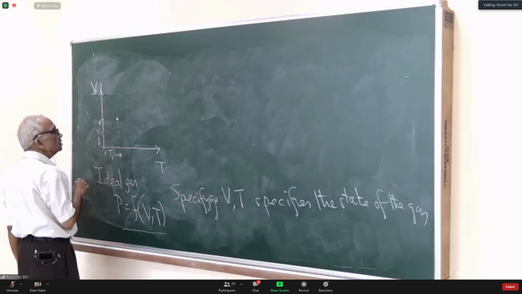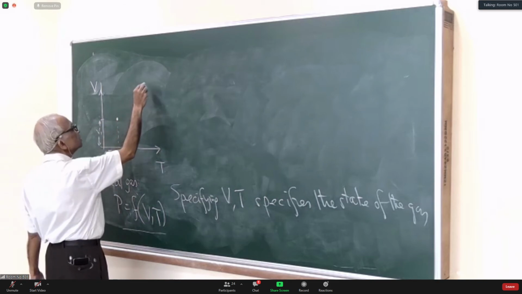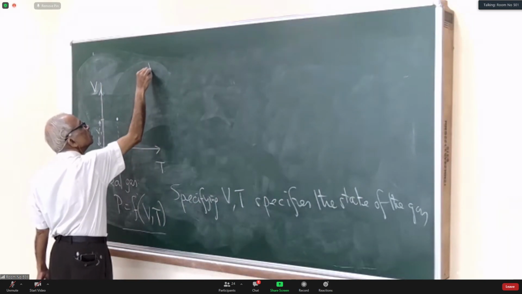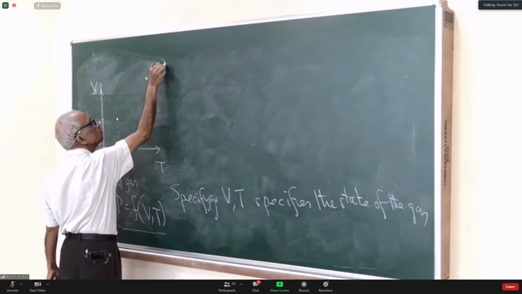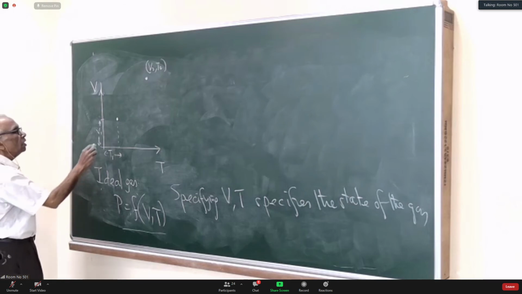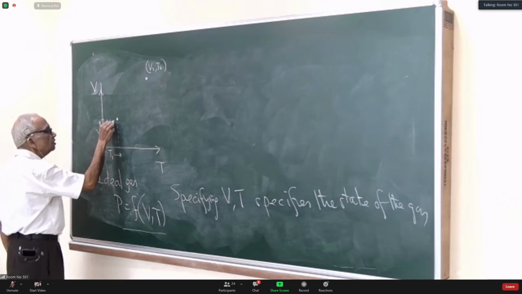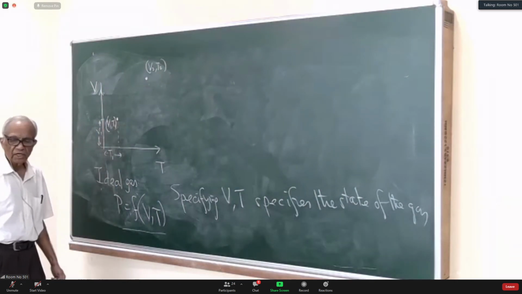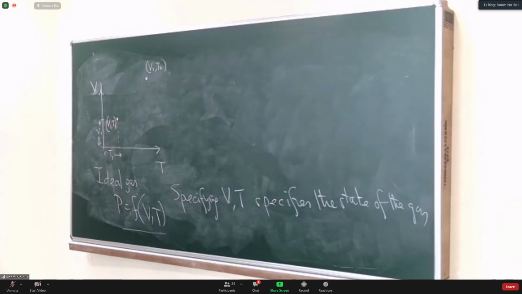And let's say I do something to the gas, and it goes to this point over here, which is V2, T2. So I have taken the gas, done something to it, and taken it from the state specified by V1, T1 to a state specified by V2, T2.